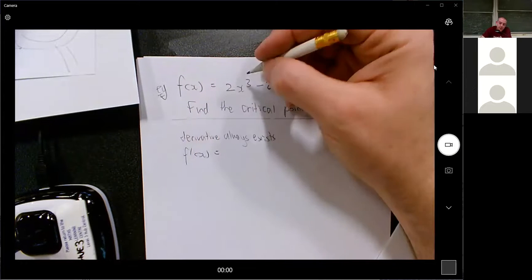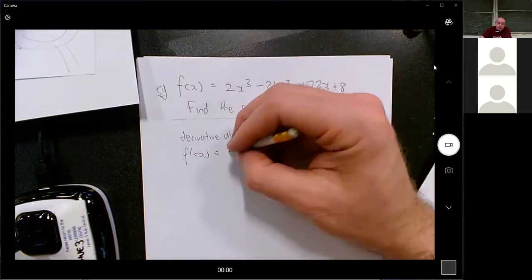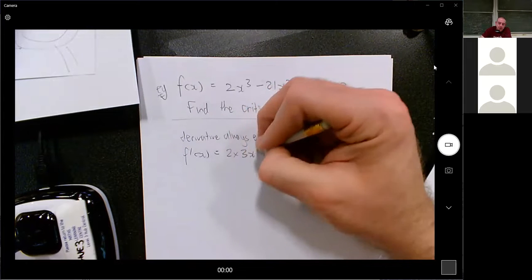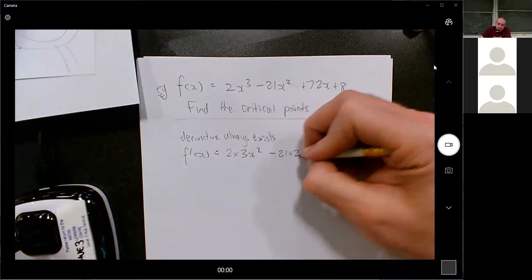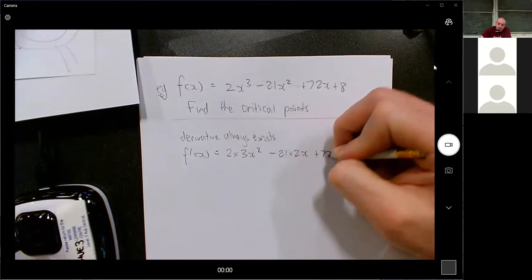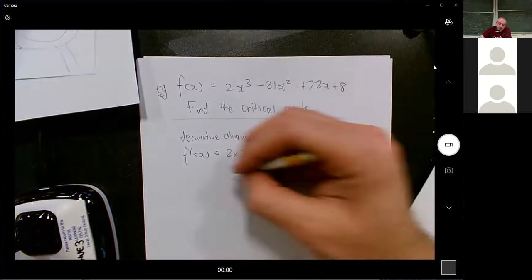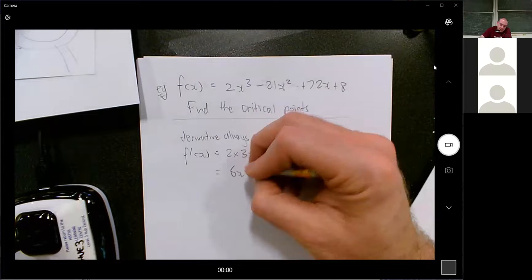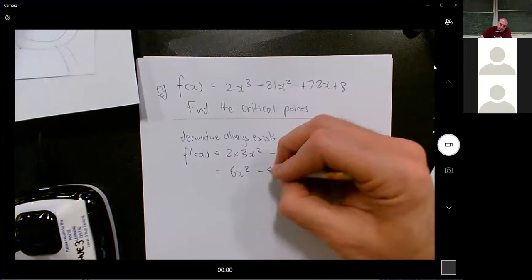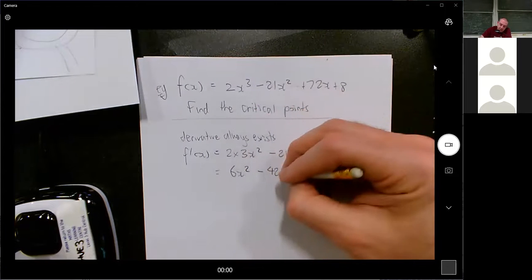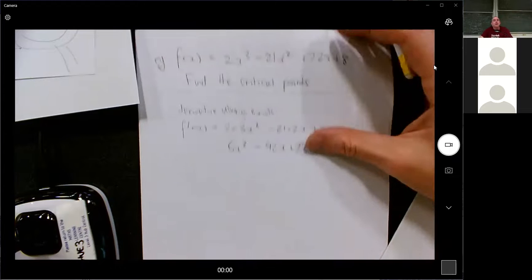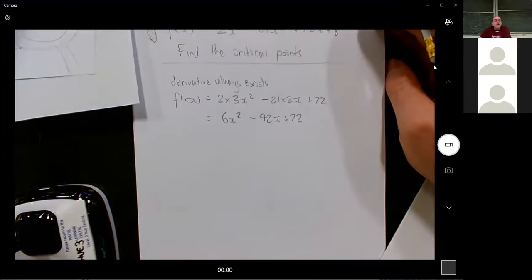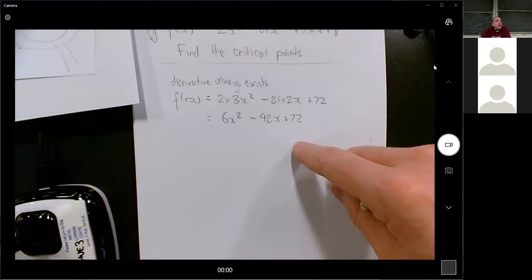And the derivative will be, the 2 will still be there, and I'll multiply by the 3 and the exponent will go down by 1. And then the 8 will go away. So I've got 6x squared minus 42x plus 72. And so I need to find the places where this derivative is 0, and they'll be the critical points.